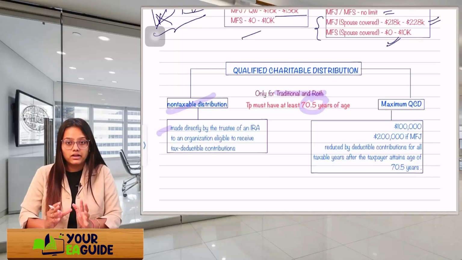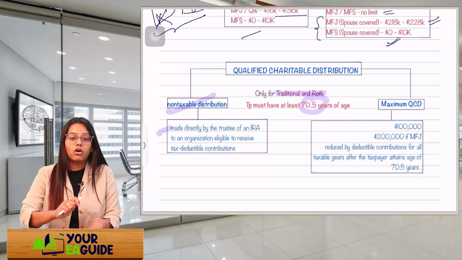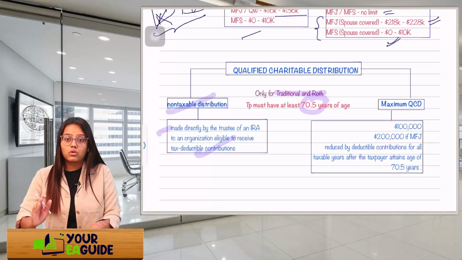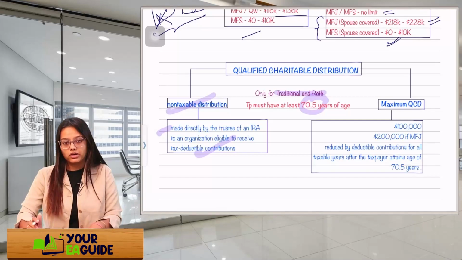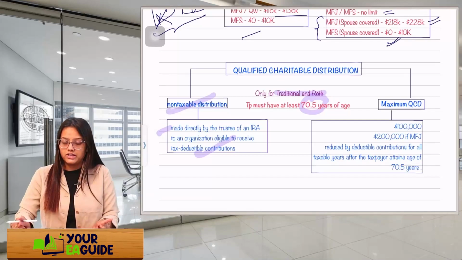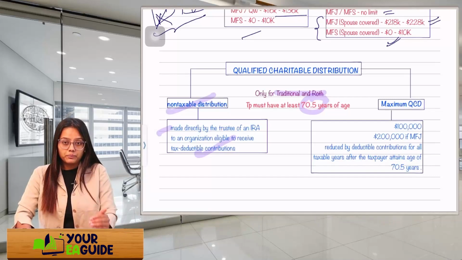Trustee means who is managing the account. The trustee pays to an organization eligible for tax deductible contributions, an exempt, qualified charitable organization. The payment should be made directly by the trustee of the account to the organization. No middleman should be involved.